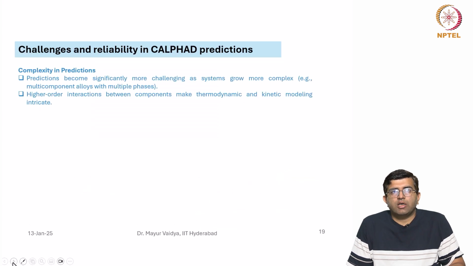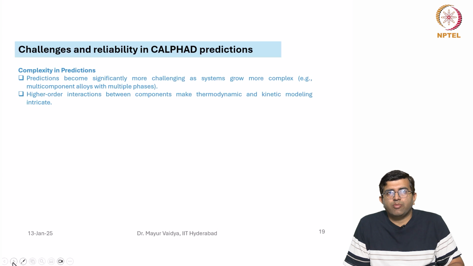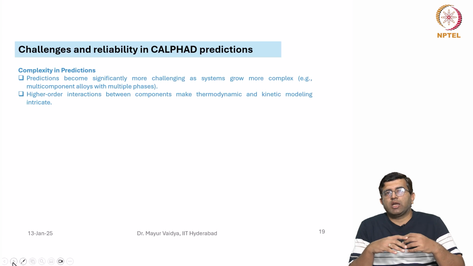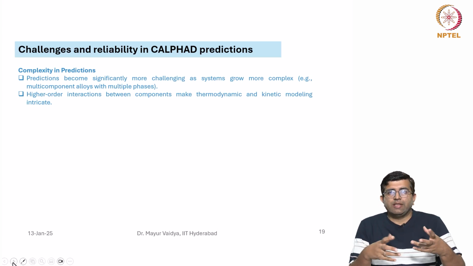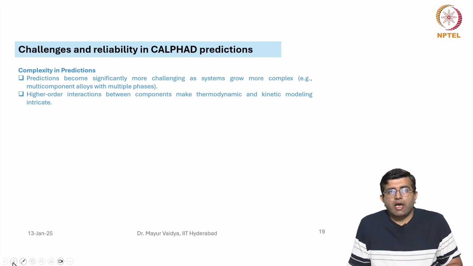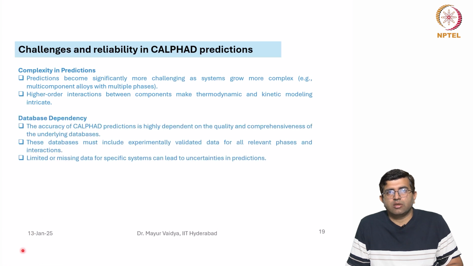So, some of the challenges in the CALPHAD predictions: these predictions become more challenging as the systems become more complex. That means when you have multi-component alloys with multiple phases, the number of phases becomes larger, and the data should be available for the different phases and so on. Then higher order interactions between components make thermodynamic and kinetic modeling intricate. So, that intricacy increases as the system becomes more complex.